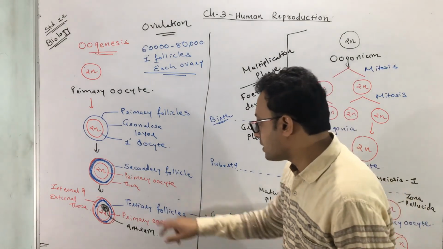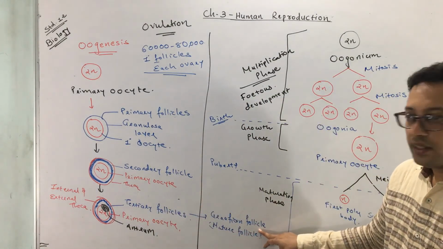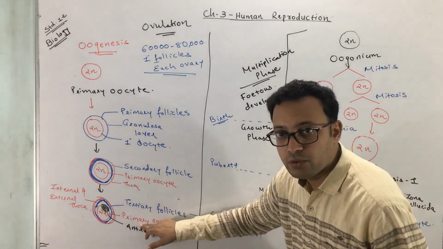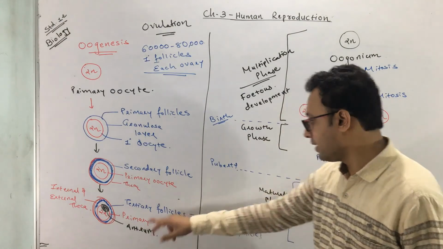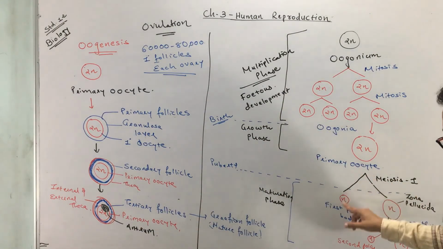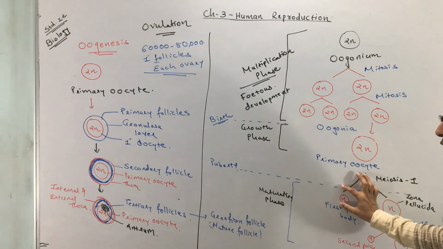Now this tertiary follicle converts to a Graafian follicle. When it is converting, the primary oocyte present in it completes its first meiosis, which was arrested, and forms two cells: one large cell and one small cell.